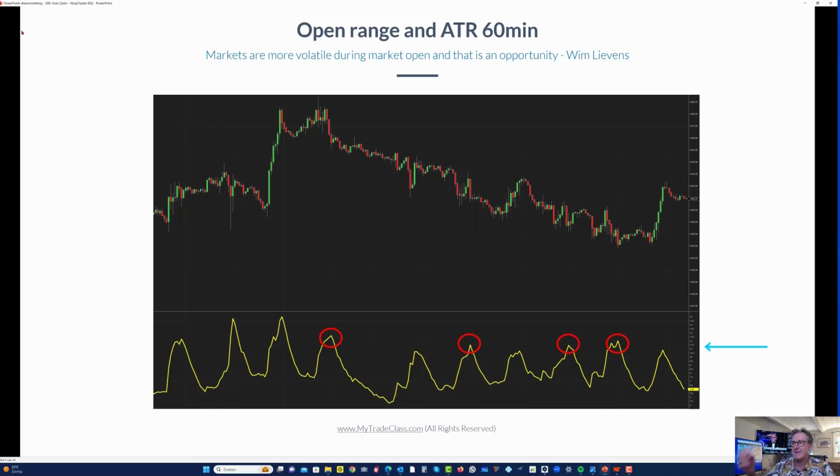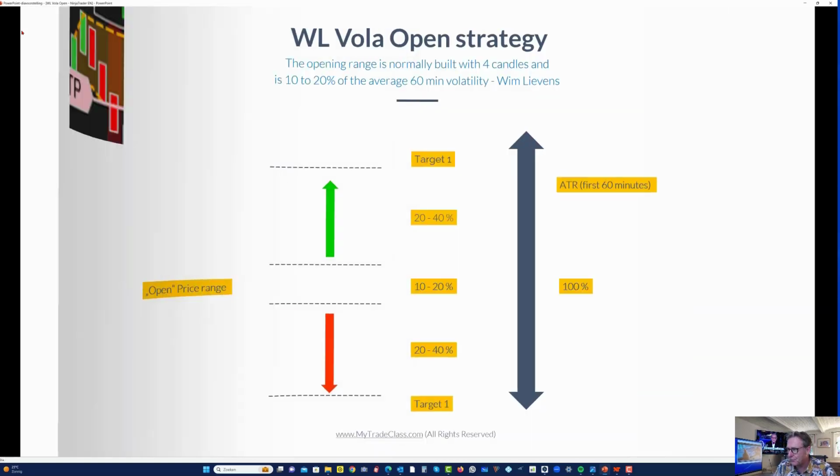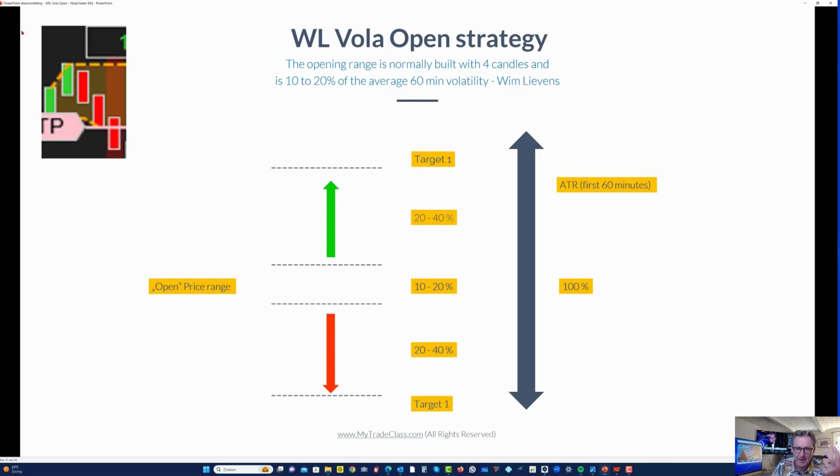That means that the bar that I will use to create my open range on the S&P 500 will be 3 ticks. I can calculate this the same way for every value. I will show you later. Okay, so that is the principle, that is the idea.